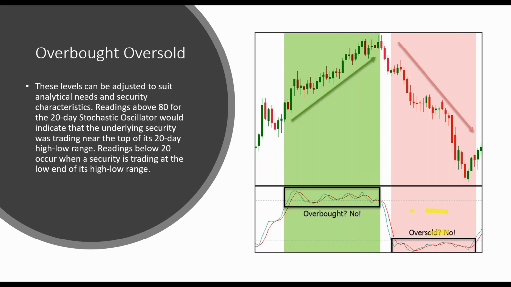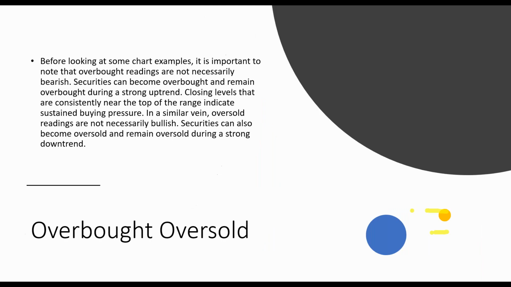These levels can be adjusted to suit analytical needs and security characteristics. Remember, I mentioned to you hypothetically about the euro-US dollar. Readings above 80 for a 20-day stochastic oscillator would indicate that the underlying security was trading near the top of its 20-day range. Readings below 20 occur when a security is trading at the low end of its range.